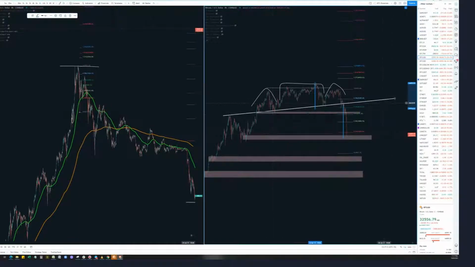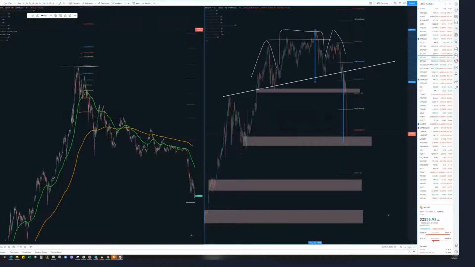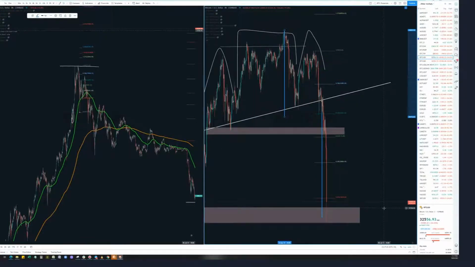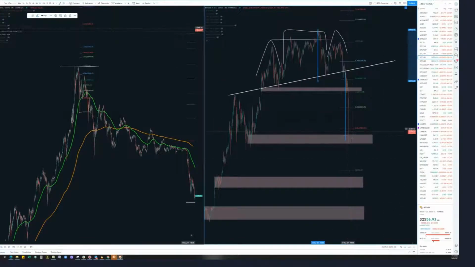I can't see it. If I look closer and auto adjust, you can see the current wick, there is definitely a wick there, and I do think we're going to go up. So that's my thinking at the moment.